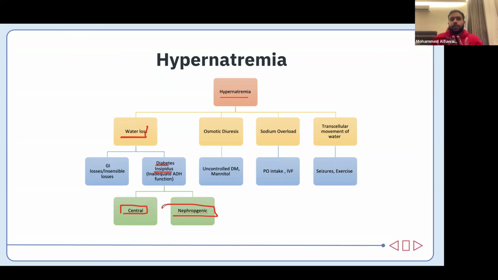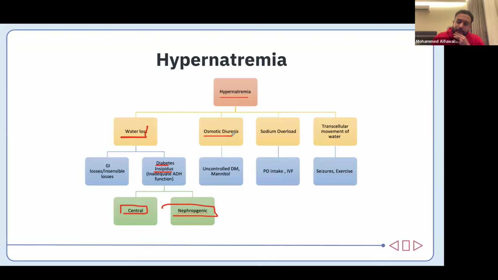Okay, they will not be able to control their urination anymore. They will have polyuria because they have either lack of ADH or lack of response to ADH. So what will happen to the concentration of sodium in the blood? Up. Okay. What will be activated to cause more sodium retention? RAS. Okay. That's basically that.